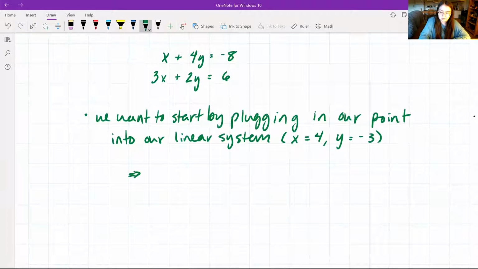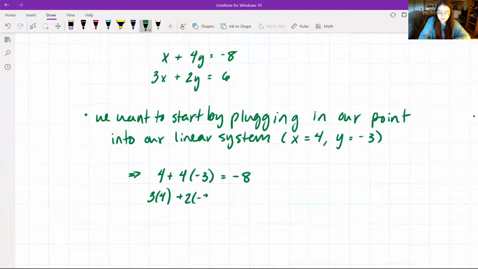So now we're going to get 4 plus 4 times negative 3 is equal to negative 8. And we're going to have 3 times 4 plus 2 times negative 3 is equal to 6. And now we're going to solve these at the same time.